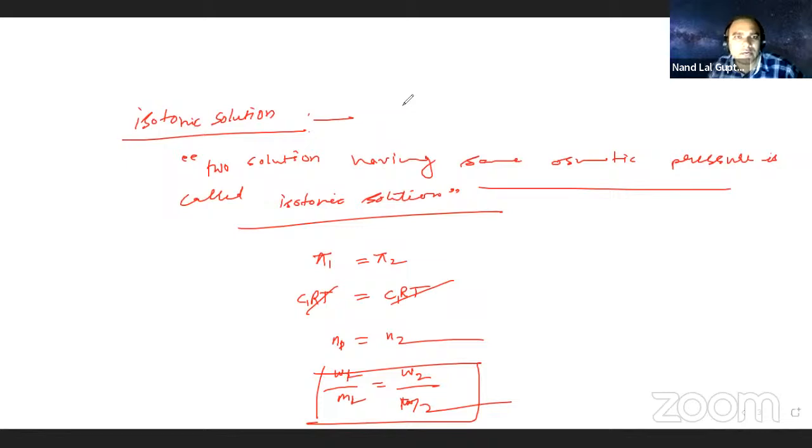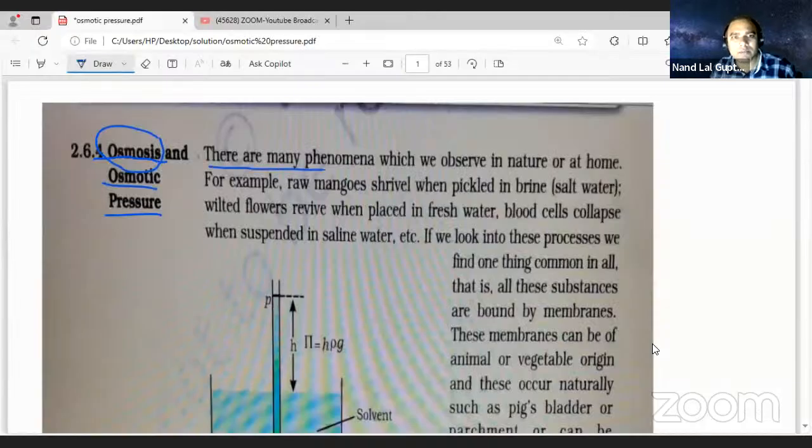Now, let's have a look at what the NCERT is saying. Osmosis. There are many phenomena which we observe in nature or at home. For example, raw mangoes shrivel when pickled in brine, salt water.